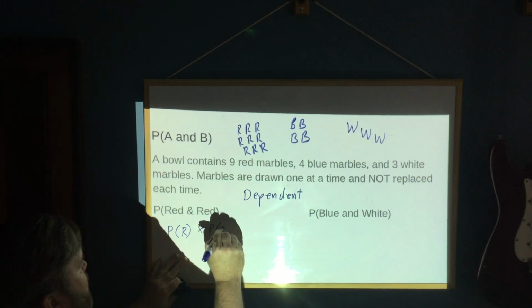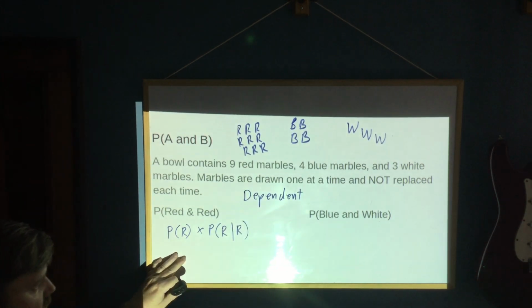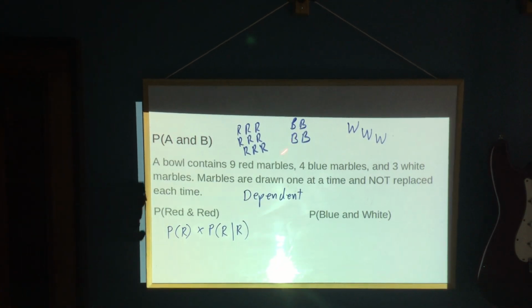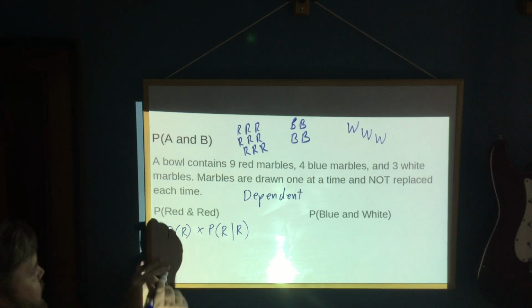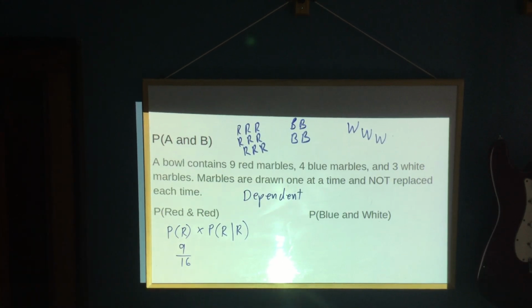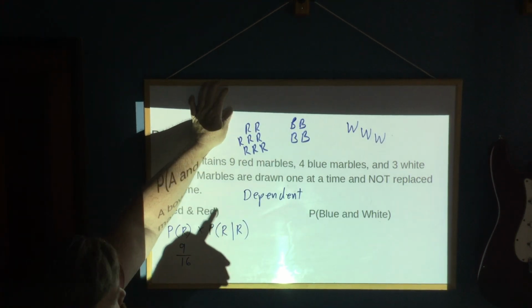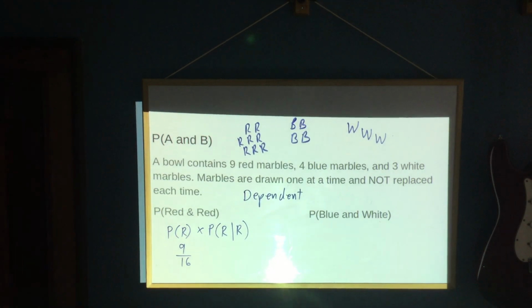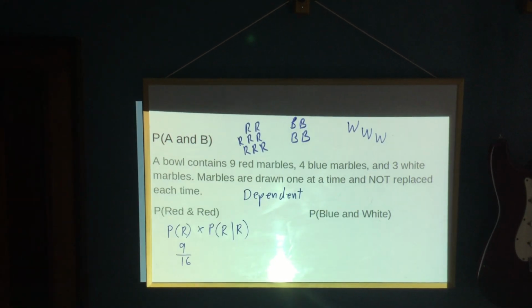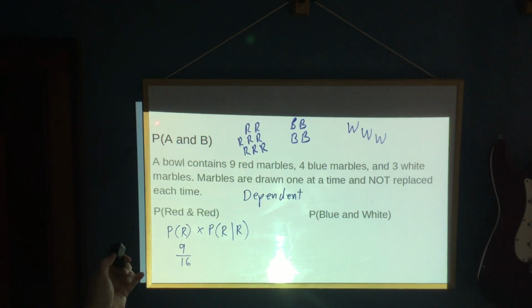Okay, so this first one, we would write it as the probability that we get a red times the probability we get a red given we got a red the first time. The probability that the first one is red, that is 9 out of 16. Now, that marble is gone. I'm not going to put it back in the bowl. So now our probability is going to change. That's why it's a dependent event. Now I only have 8 red marbles out of 15 total marbles.